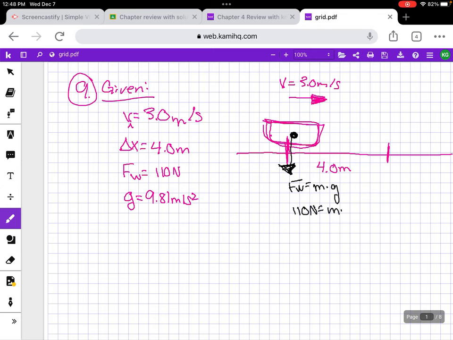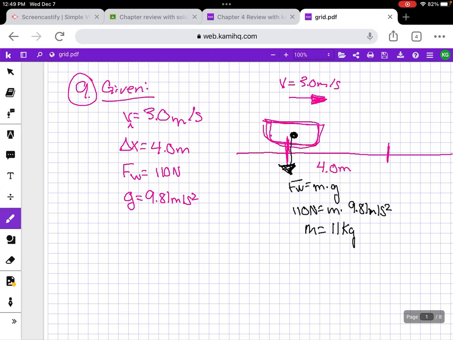So 110 newtons equals mass times 9.81 meters per second squared. We can solve for the mass of this sled. So we're going to take 110 divided by 9.81, and that gives us, with 2 sig figs, 11 kilograms for this sled. Remember, the SI base for mass is kilograms.